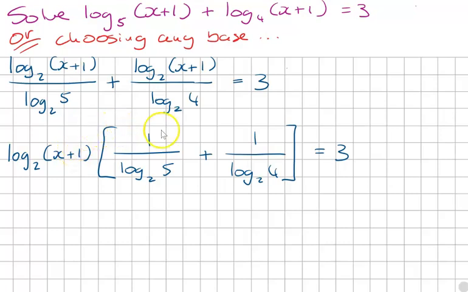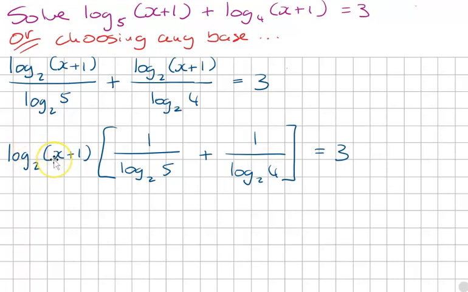Factorizing, I'm going to get 1 over log base 2 of 5 plus 1 over log base 2 of 4, in the same way that I explained in the previous way of doing it. So log base 2 of x plus 1 divided by log base 2 of x plus 1 is 1, and that leaves us with log base 2 of 5 on the bottom. It works the same way on the right-hand side. And again, if you want to check, you can multiply it back out.